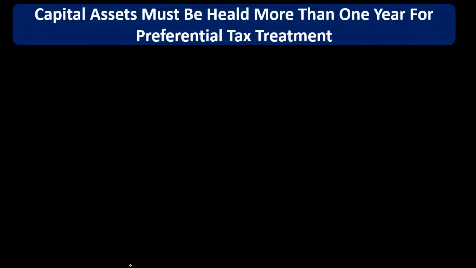So capital assets must be held more than 1 year for preferential treatment. Notice that if we have a tax rate for capital assets that is more beneficial than the tax rates for ordinary income, we must have held that property for more than 1 year. You can think of that in terms of our first justification. These are just justifications, or arguments for why the tax code may be the way it is.